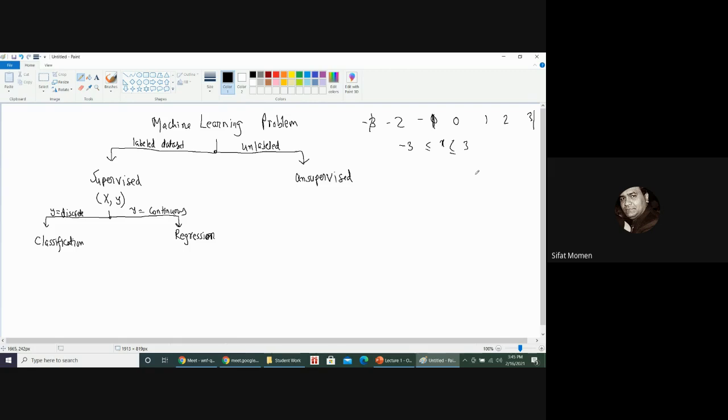You cannot pick all values. There is a range from -3 to +3, but you cannot pick 0.5 because 0.5 is not an option. Clear? Yes, sir. But with continuous, within that range you can pick any value you like. Is that okay?